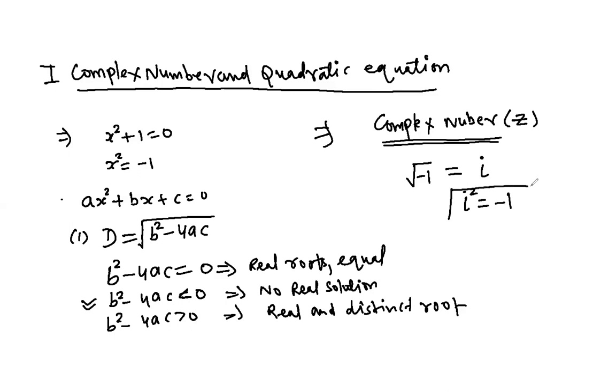Now let's denote this equation 1 and this equation 2. By comparing both equations, you can easily tell that x square equals minus 1, which is iota square, so x will be equal to plus minus iota. This is the solution of the equation x square plus 1 equals 0 in complex number form.